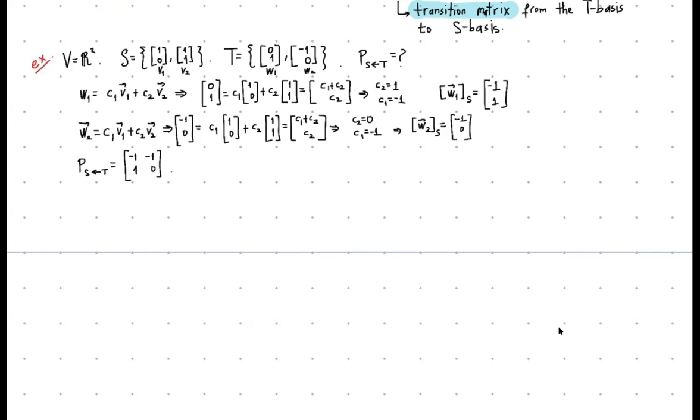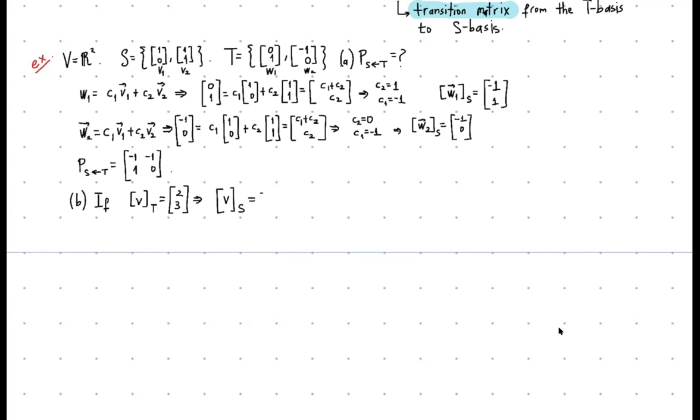Okay, so let this be part A. Okay, so as part B, if the t coordinates of a vector is, I don't know, 2 and 3, then find the s coordinates of it.